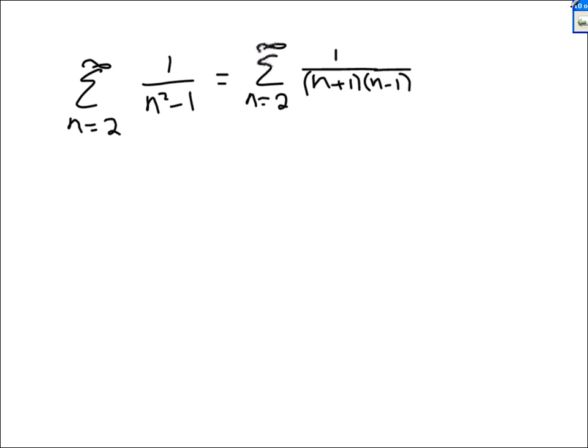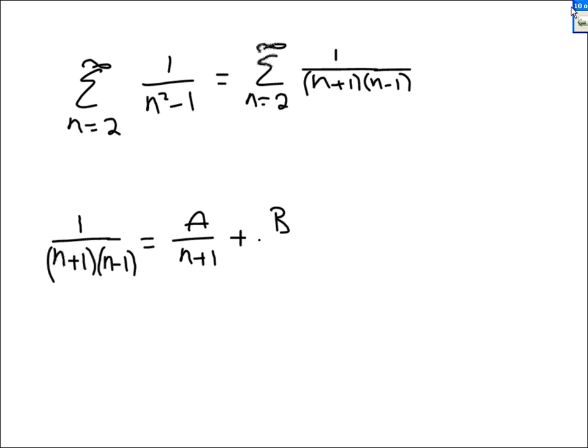Prime candidate for partial fractions. 1 over n plus 1 times n minus 1. I want to write it as some number over n plus 1 plus some number over n minus 1.